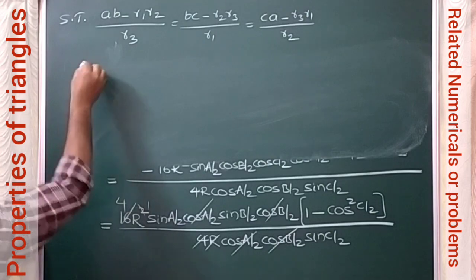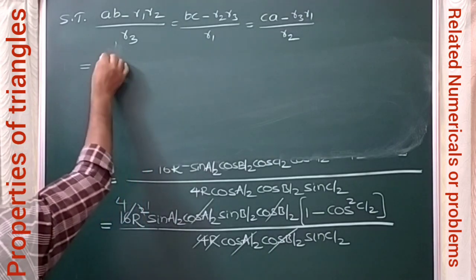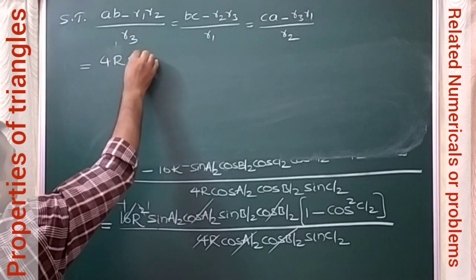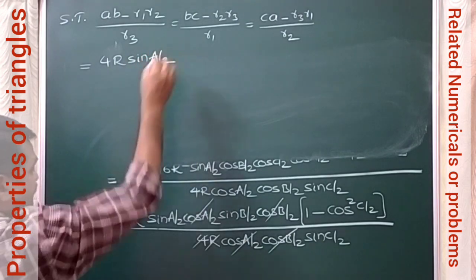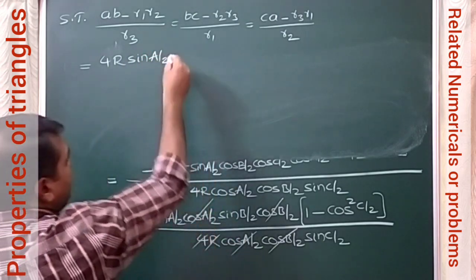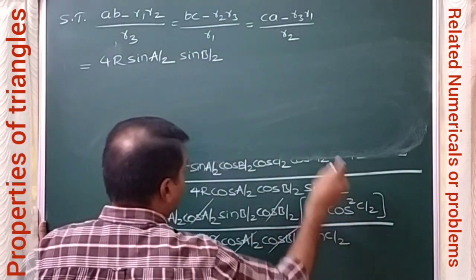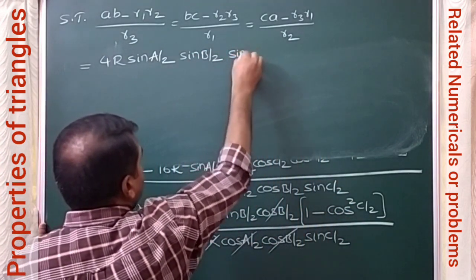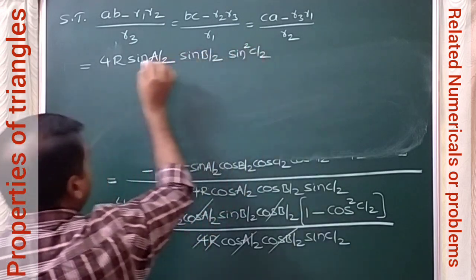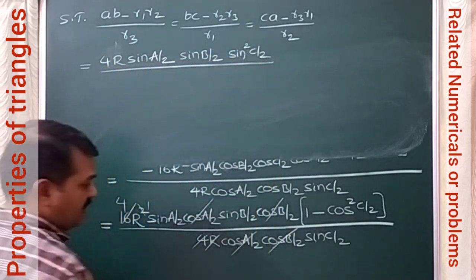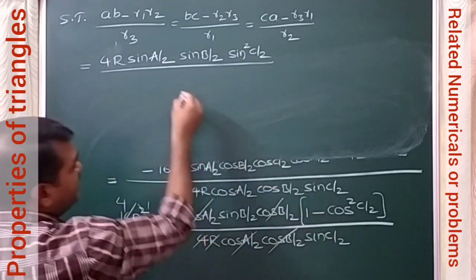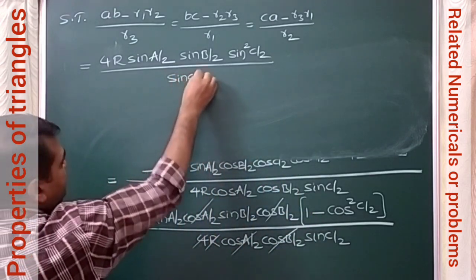So left out part I am writing here 4r sin A by 2, sin B by 2, 1 minus cos square C by 2 means sin square C by 2. This is numerator left out part. Denominator only sin C by 2 is left.